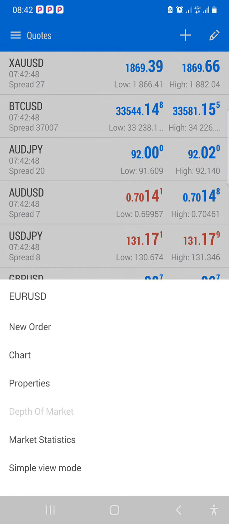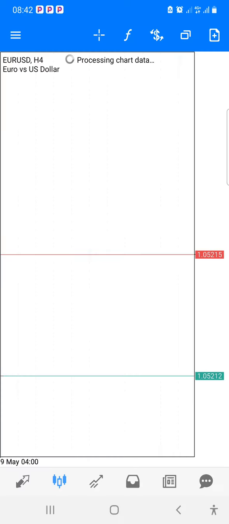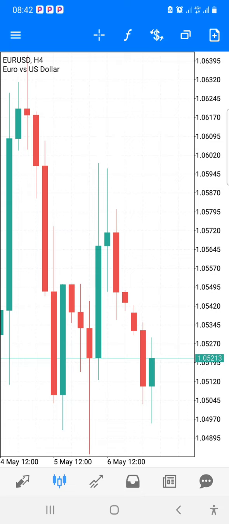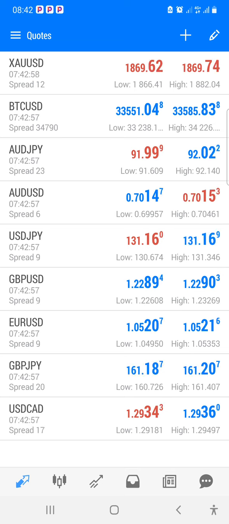So let me now go back to the Euro USD chart. I already told you that the difference between the bid and ask price is the spread. Take note, especially at night when the market is not open or not active, the spread is always large or a bit large, the difference between the price sellers want to sell at and buyers want to buy at.